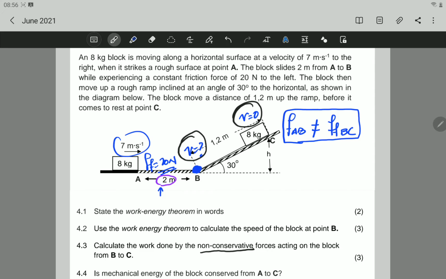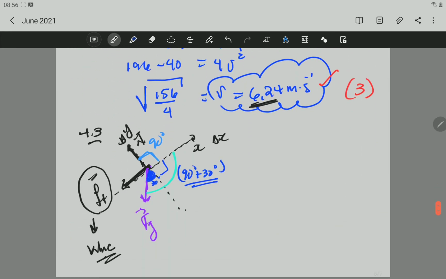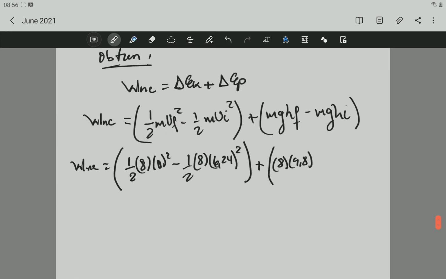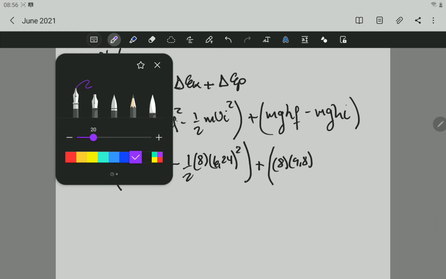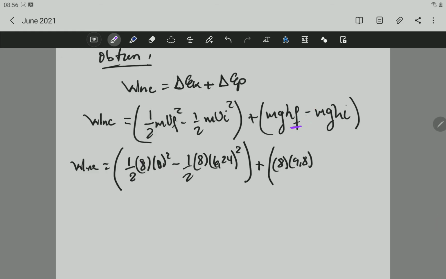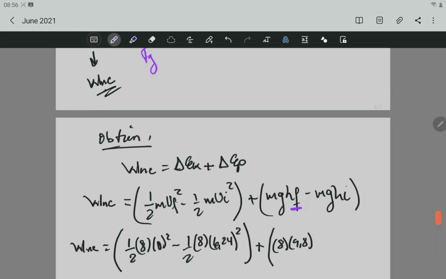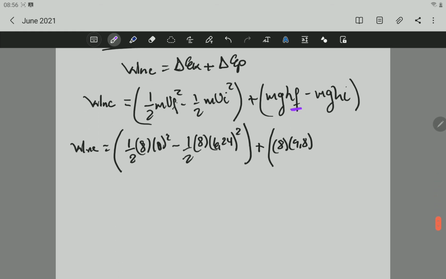So we have to calculate the height. I thought the height was given, but we have to calculate it. Let's go back here quickly, we don't have that height. Okay, so let's calculate that height real quick.